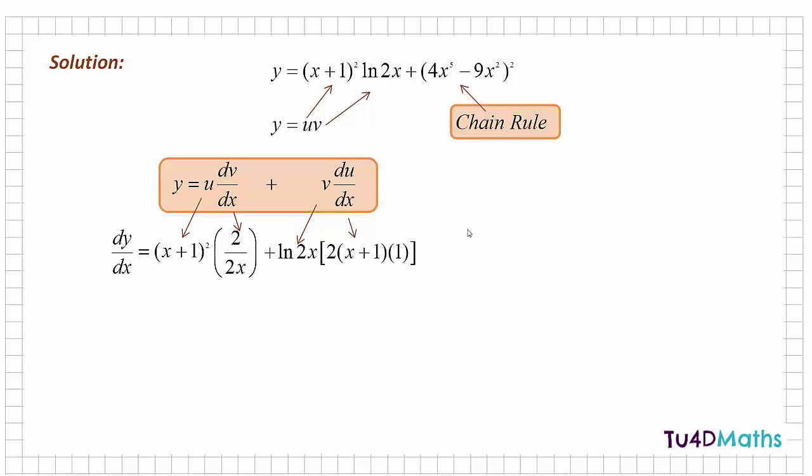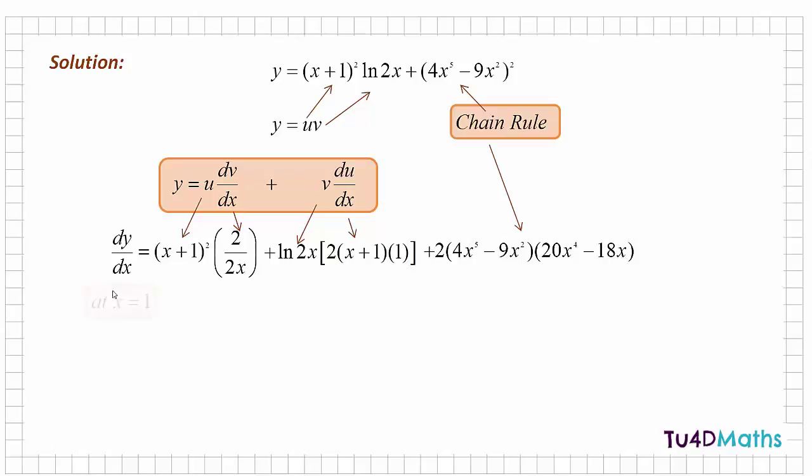Now, to differentiate the second half of the expression, we use the chain rule, which will be twice the bracketed term to the power of 1 times the individual terms differentiated, which will be 5 fours, 20 times x to the power of 4 minus 2 times minus 9, which will be minus 18 times x.